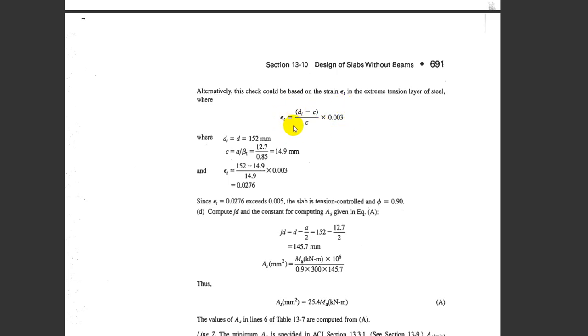So we calculate the strain at the rebar is 0.0276, which exceeds 0.005. As I said, the slab is in the tension controlled region. You can use phi as 0.90. The greater the better, right? We can have an economic section when you have tension controlled sections, when the rebar strain is greater than 0.005, and the strains can be calculated based on strain compatibility.